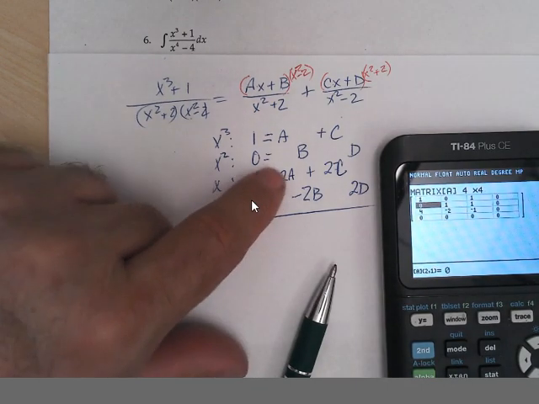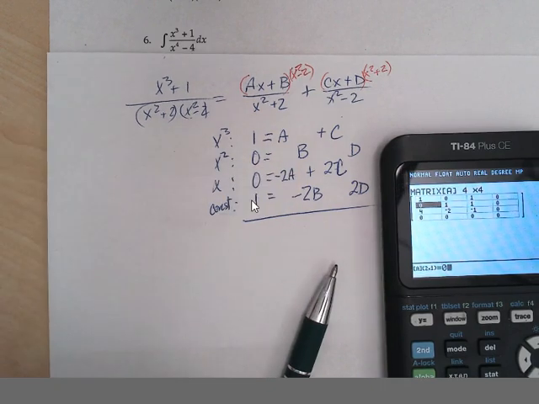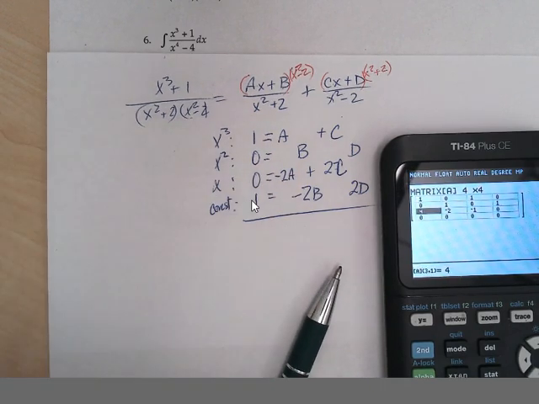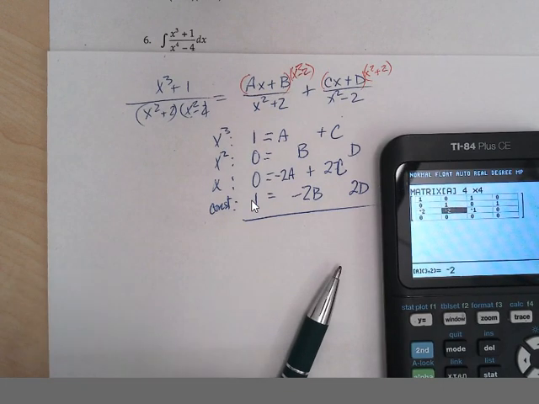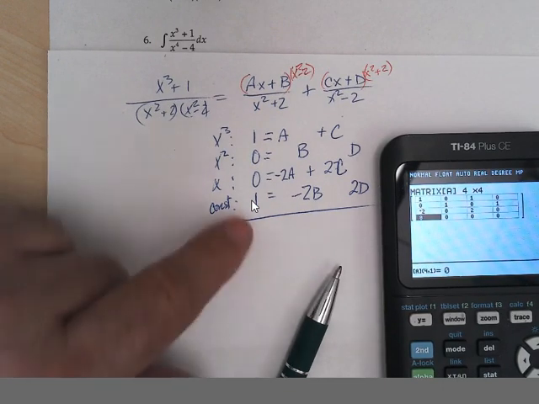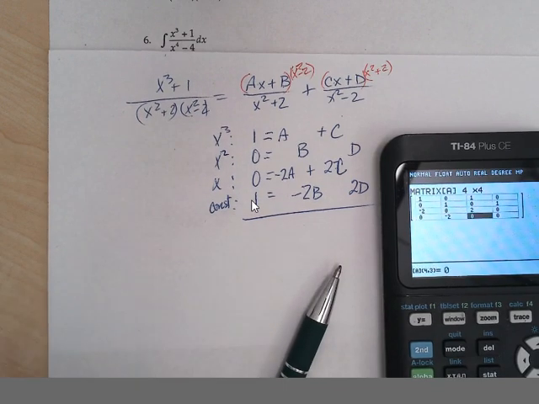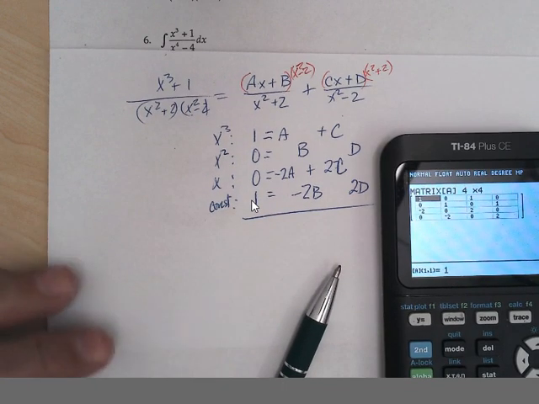Second row is 0, 1, 0, 1. Third row is minus 2, 0, 2, 0, and the fourth row is 0, negative 2, 0, 2.